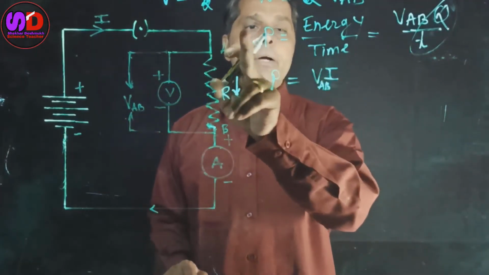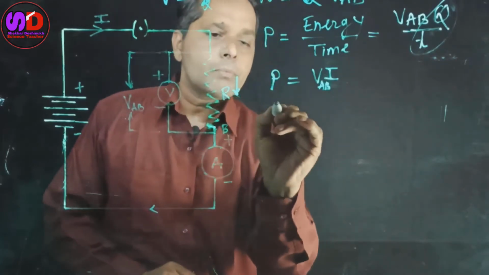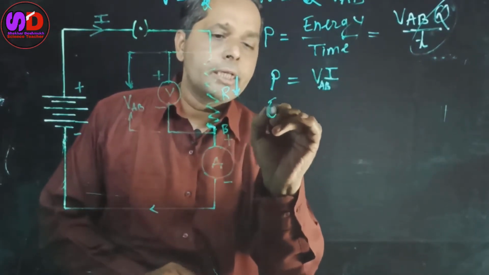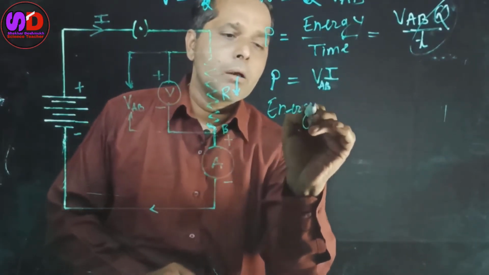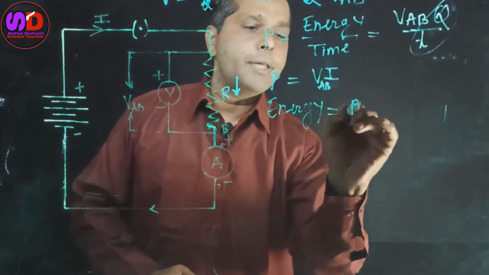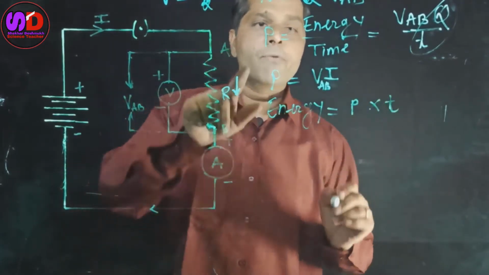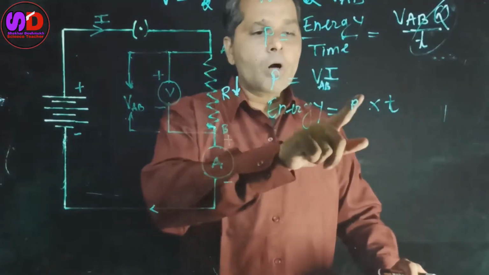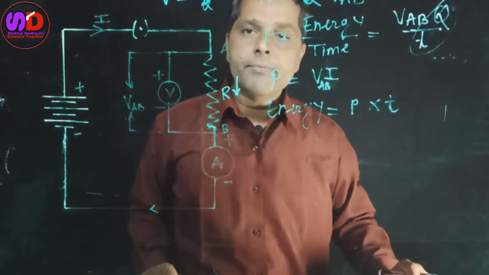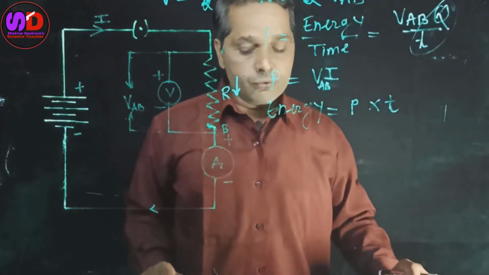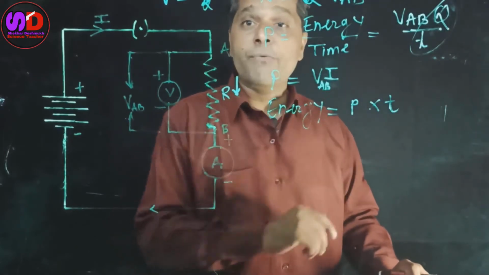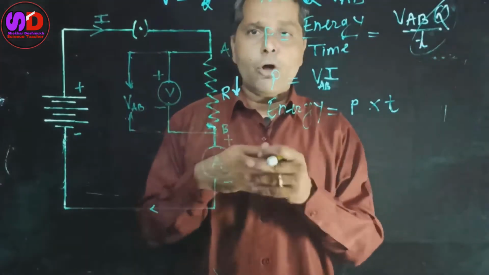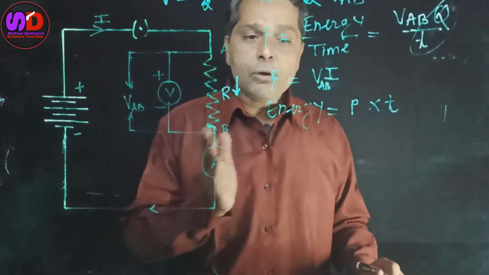So now tell me what happened to this energy here. Because we learned the law of conservation of energy: energy cannot be created nor destroyed. So what happened to this energy?